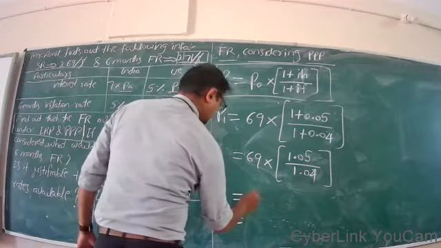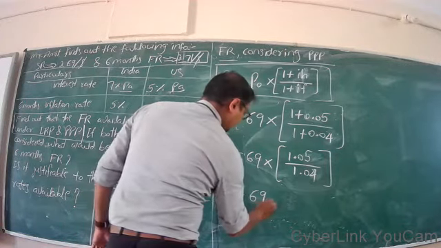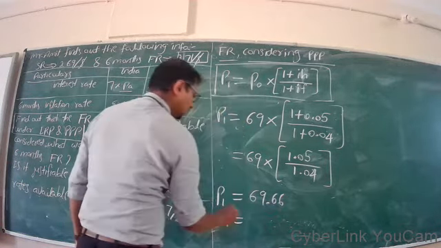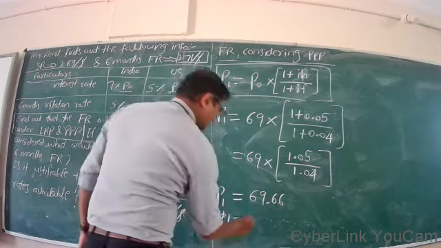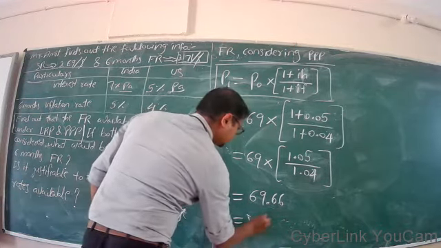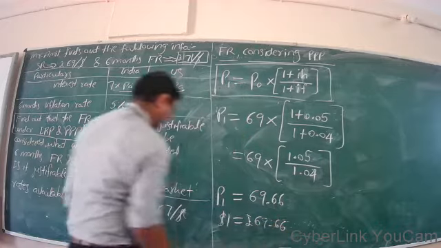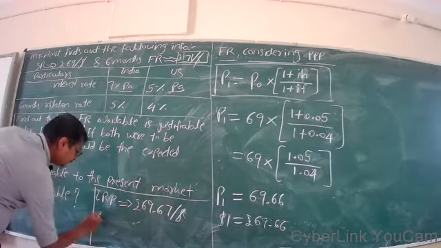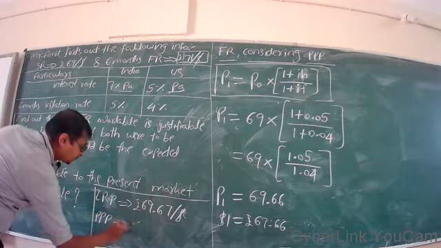P1 is equals to 69.66. That is $1 is equals to rupees 69.66. So we have calculated forward rate under purchase power parity.